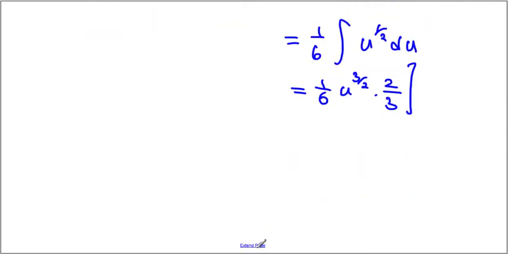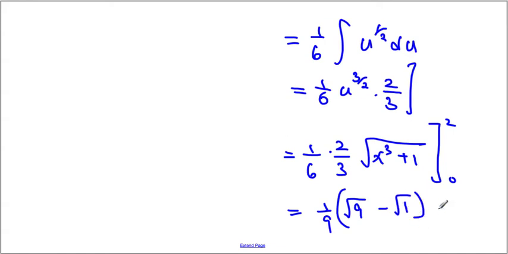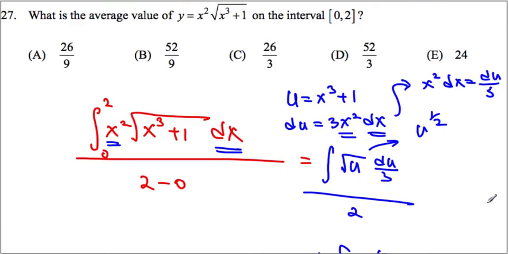Since we know the value of u, 1 over 6 times 2/3 times square root of x cubed plus 1, from 0 through 2. Here we end up getting 1/9. If you plug in 2, we end up getting square root of 9. If you plug in 0, we get square root of 1. That simply becomes 2. So 2 over 9 becomes our final answer.